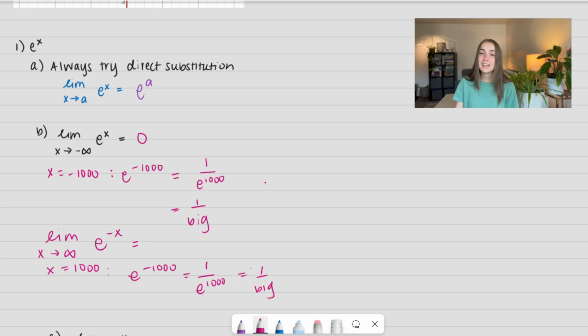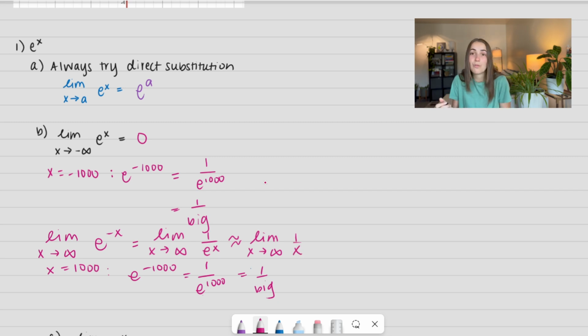So e to the negative x can be rewritten as 1 over e to the x, which behaves really similarly to the limit as x approaches infinity of 1 over x. It's just 1 over big, and 1 over big goes to 0. So those are two different ways you can think about it, right?